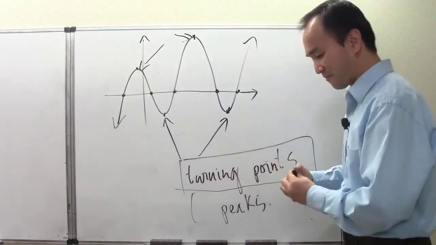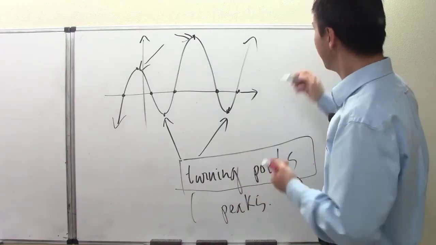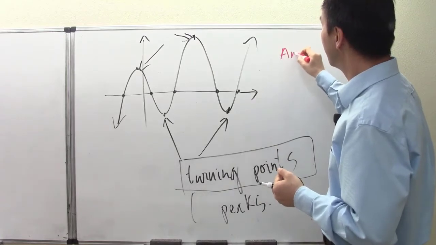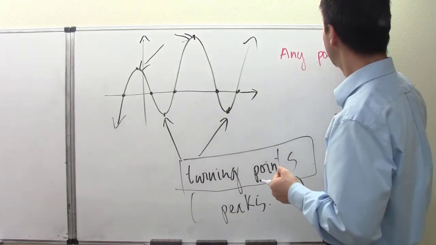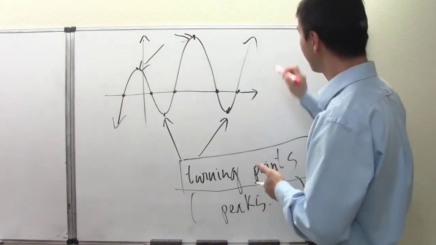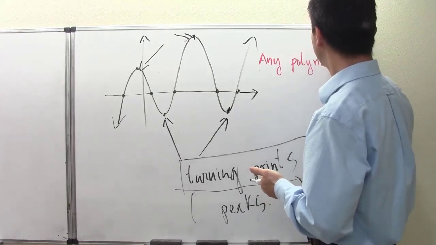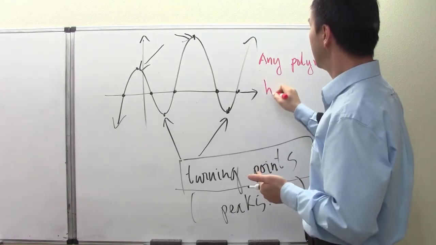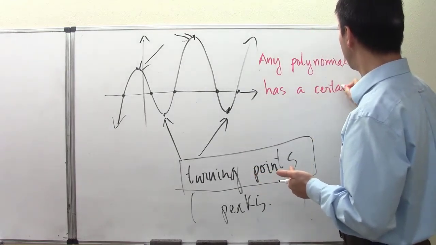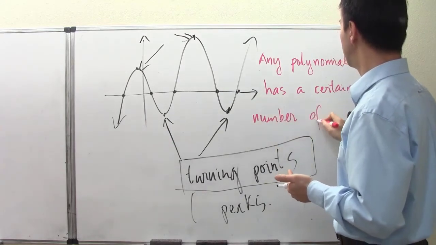The first thing to notice as an observation right here, so allow me to write this in red ink: any polynomial has a certain number of turning points.